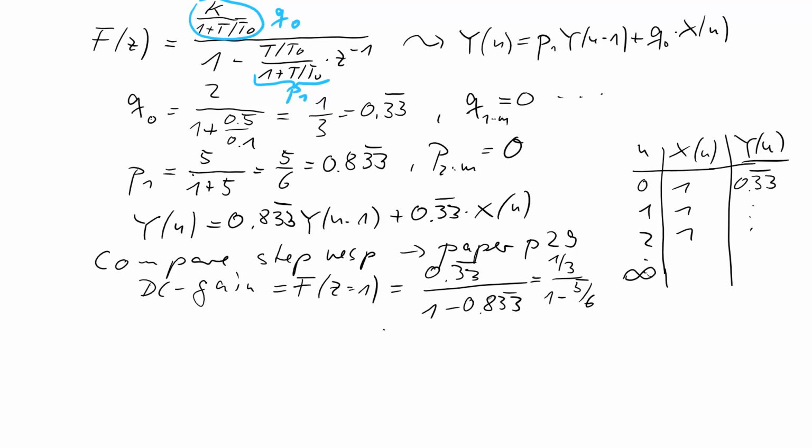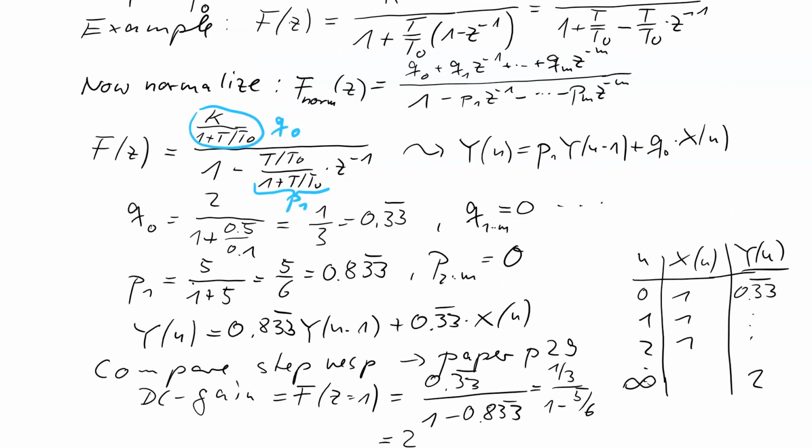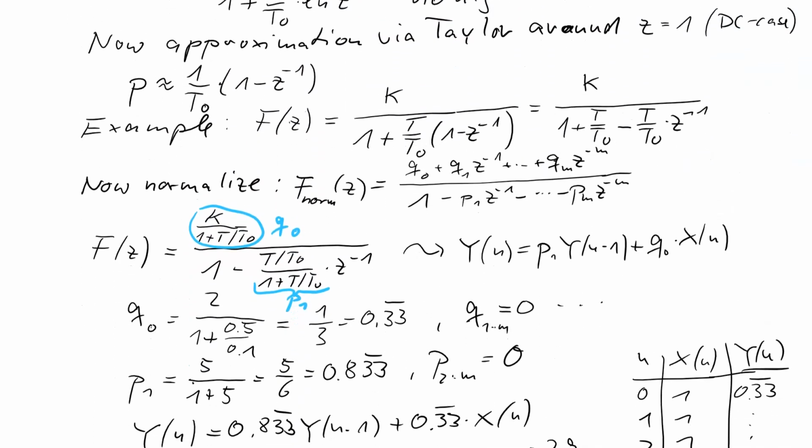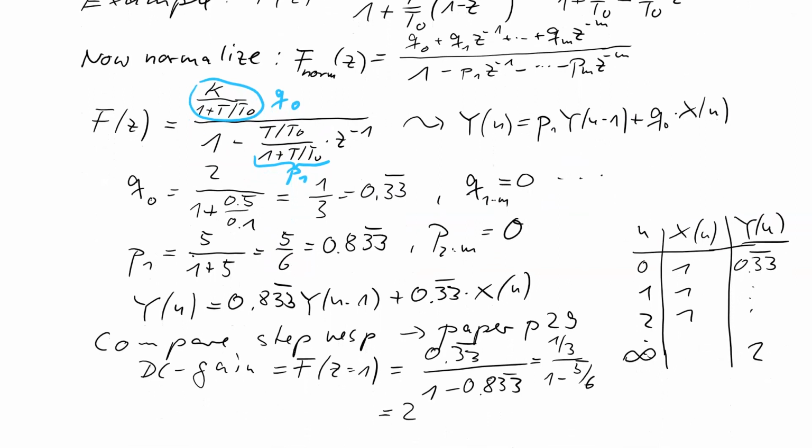And you see 1 minus 5/6 is 1 over 6, and 1 over 3 divided by 1 over 6 leads to exactly 2. So the DC gain of my rectangular approach filter is exactly like the DC gain K of my original filter. Don't forget K is 2. So the DC gain fits accurately.